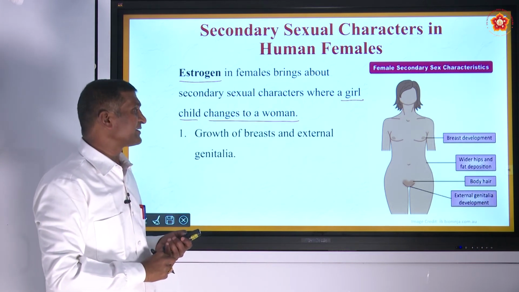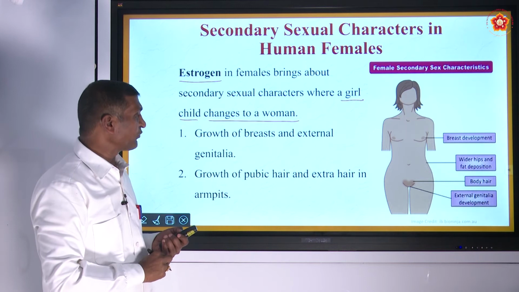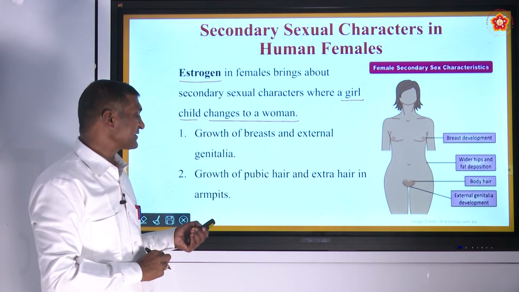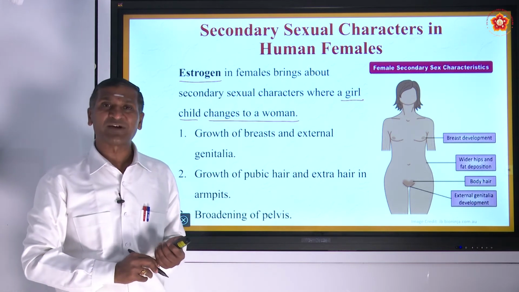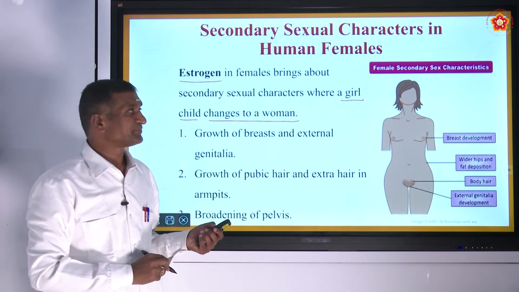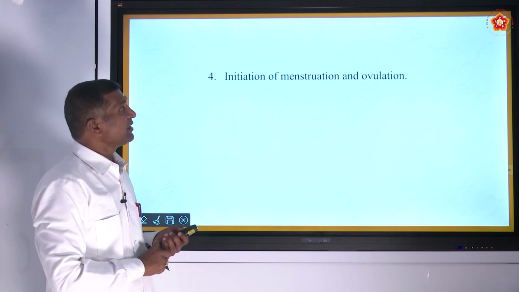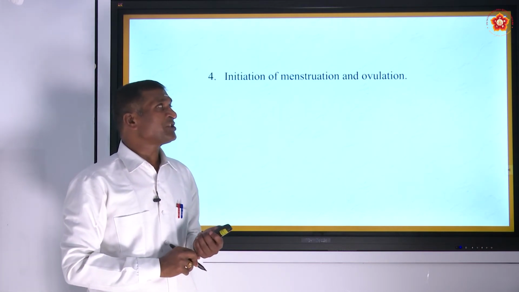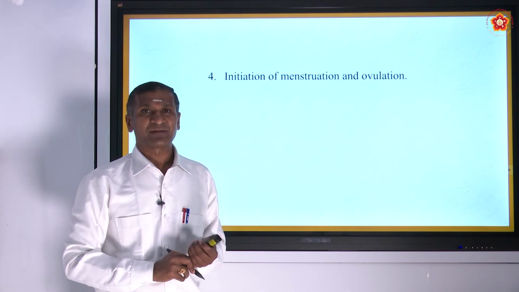Growth of breast and external genitalia. The growth of pubic hair and extra hair in armpits. Broadening of pelvis. Initiation of menstruation and ovulation.